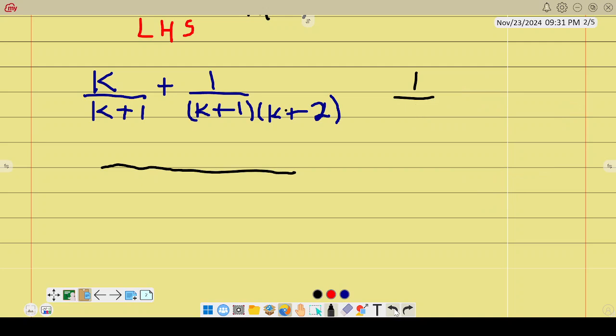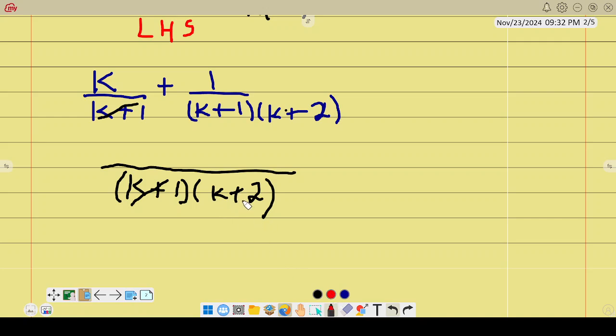Okay, so meaning our common denominator, we have k, we have k plus 1 and k plus 2. So k plus 1 into this expression, it simply means k plus 1 will cancel k plus 1. So we remain with k plus 2.